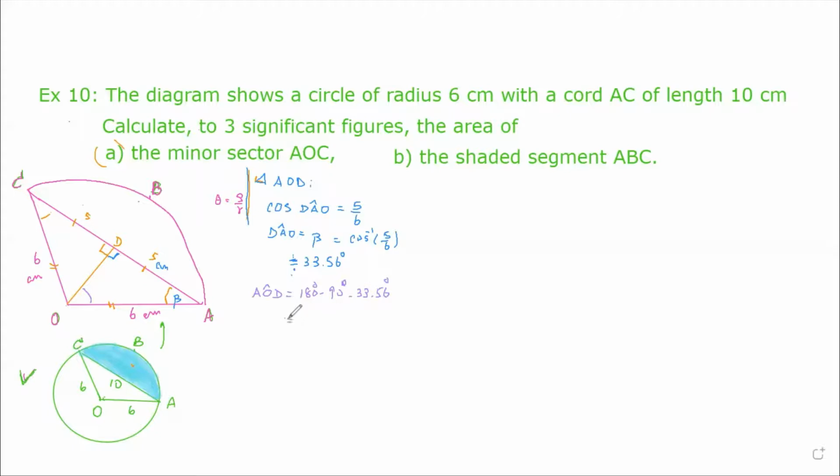So when we subtract, we have approximately, using a calculator, 56.44 degrees, correct?